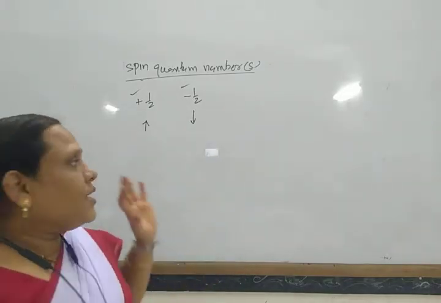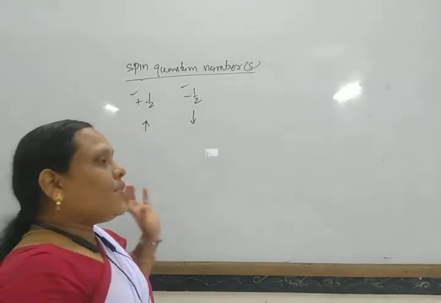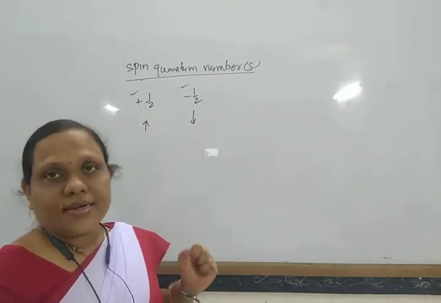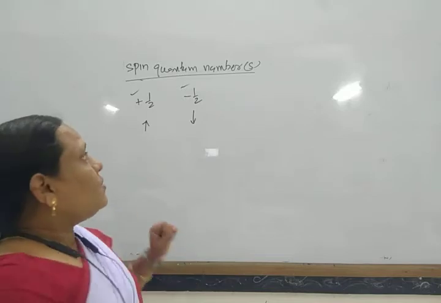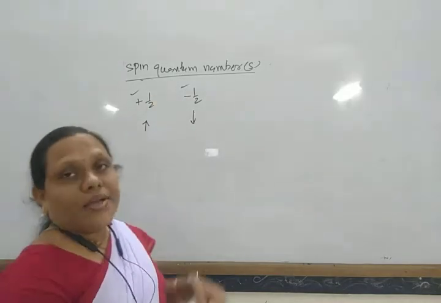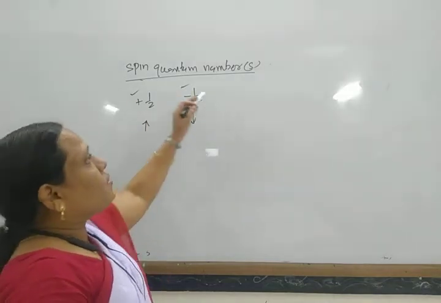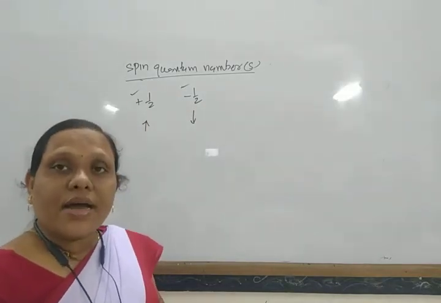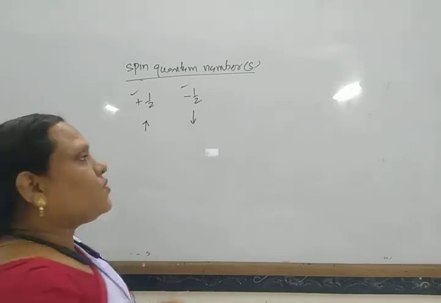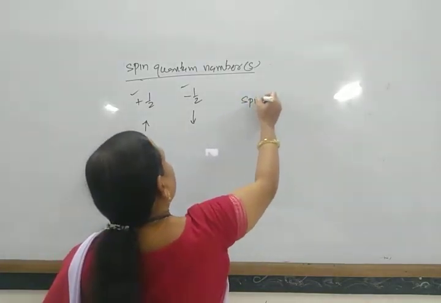But if single electrons are present, then they have some net magnetic moment. So the magnetic vector is generally described by this spin quantum number, which was given by Goudsmit. It represents the spinning of the electron.